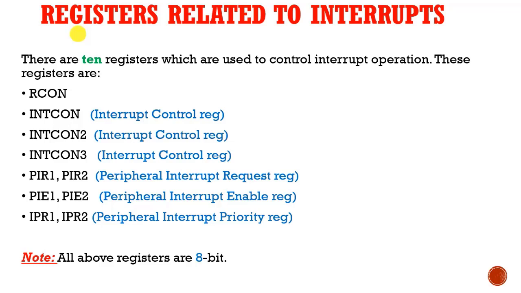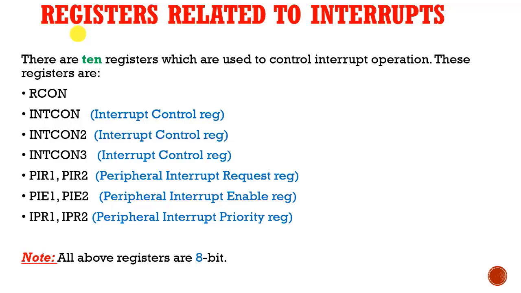If an interrupt enable bit is turned on, it will let your flag raise an interrupt. And if the interrupt enable bit is turned off, set to 0, that would not allow your flag to generate any interrupt in the system.